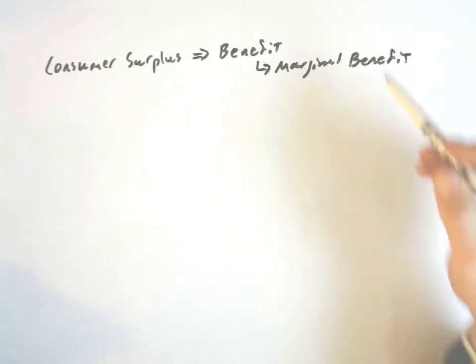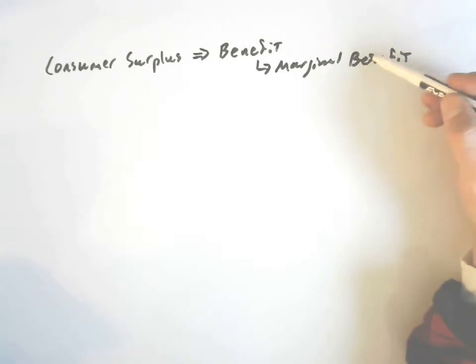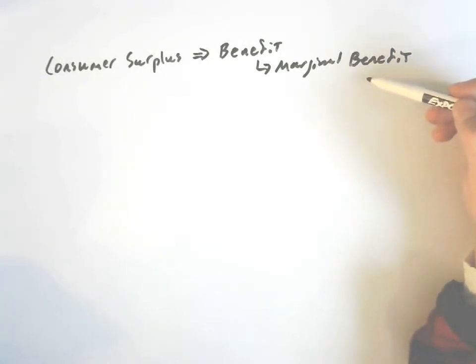Now, what makes this a little easier than the concept of marginal cost is the fact that we've already defined the dynamics of marginal benefit. Way back in previous videos, we said that marginal benefit tends to decrease the more we consume of a product, which makes sense.